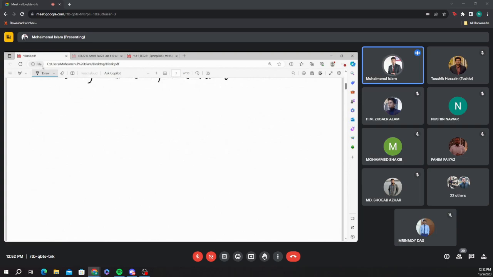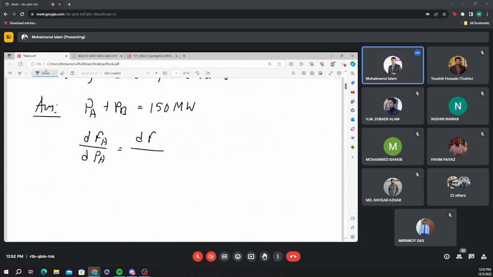Okay, so considering that the first generator and second generator will share 150 megawatt load, the fuel rate dFA by dPA should equal dFB by dPB for economical loading. That is our economical loading. You can get less fuel rate in this scenario.